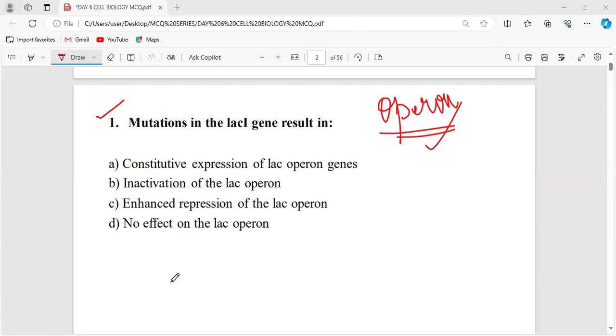Is the go operon the lac operon or the tryptophan operon, and is the stop operon the lac operon or the tryptophan operon? Anybody know?